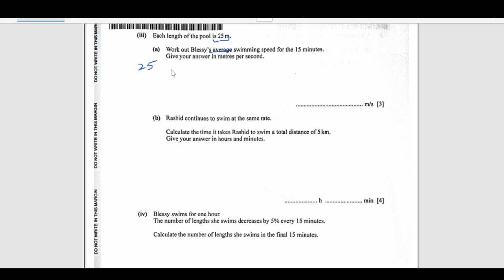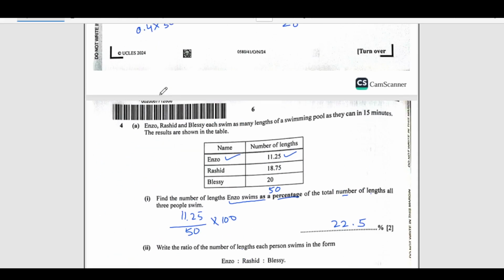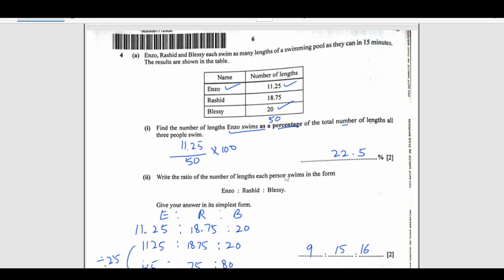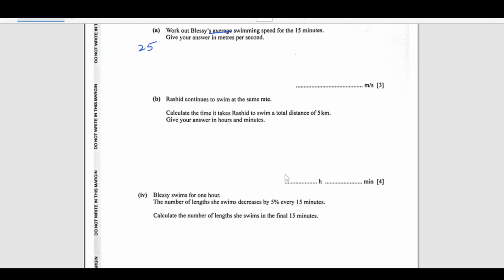Blessy has 20 lengths, so times 20, divided by 15 minutes, and we are looking for per second, so divide by 60. Just calculate, this comes out to be 5/9.